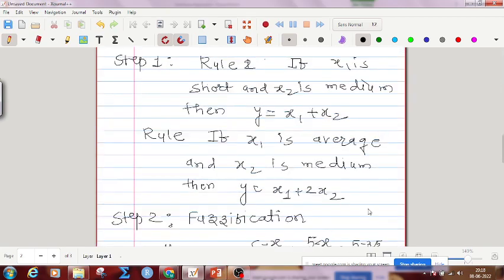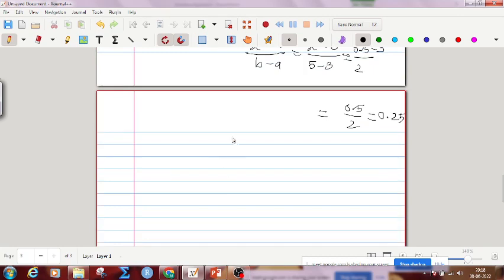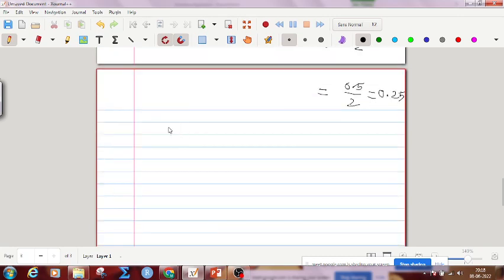So mu medium is equal to c minus x by c minus b, which is 120 minus x divided by 120 minus 90, where x is 100.